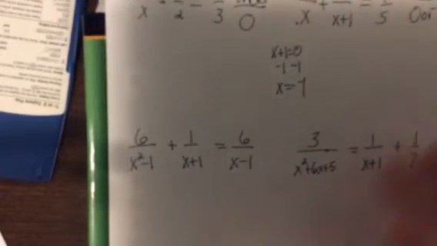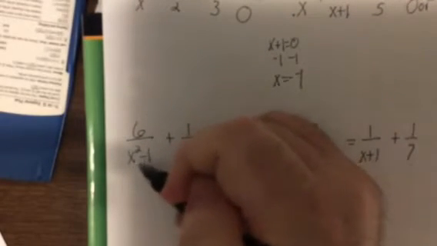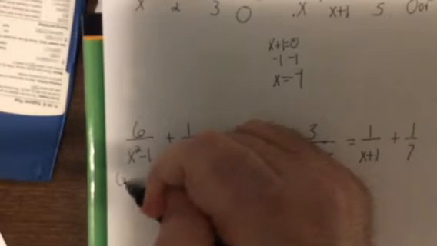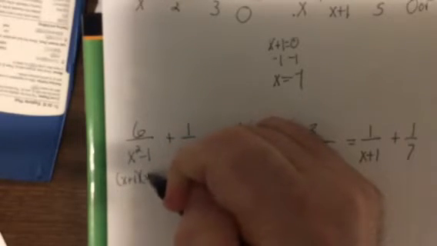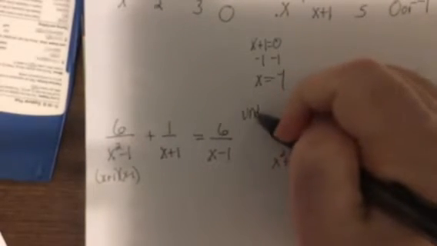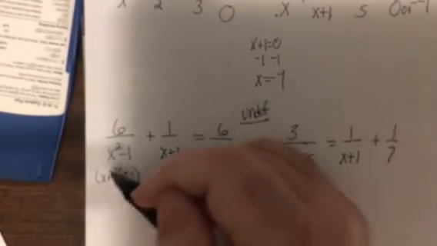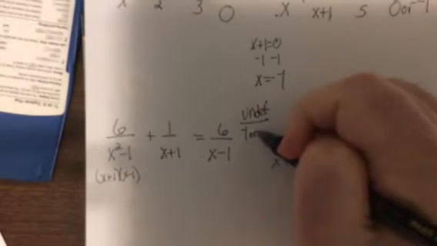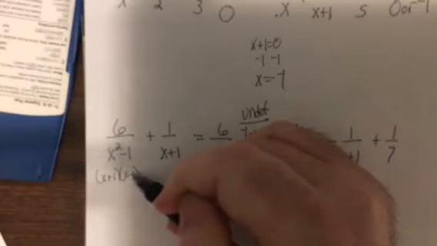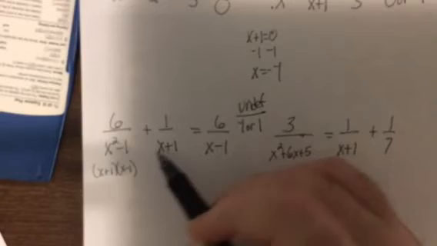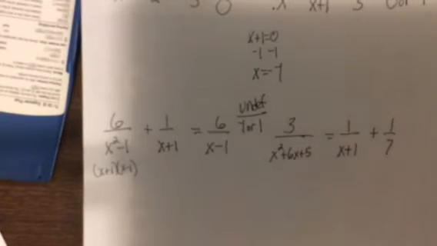Now, whenever you have a term with a square or higher power, you need to factor it. So what are my undefineds? Well, what plus 1 is 0? That's negative 1. And what minus 1 is 0? That would be 1. Now, these two are exactly the same, so you don't need to worry about them because you've already found it.